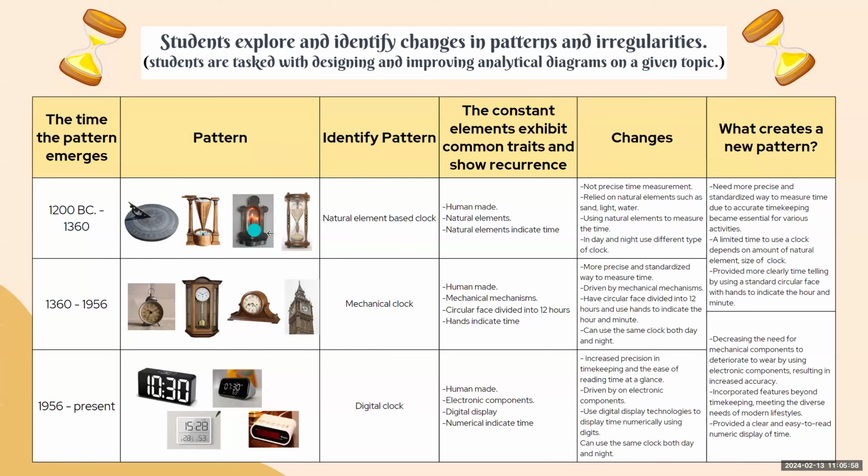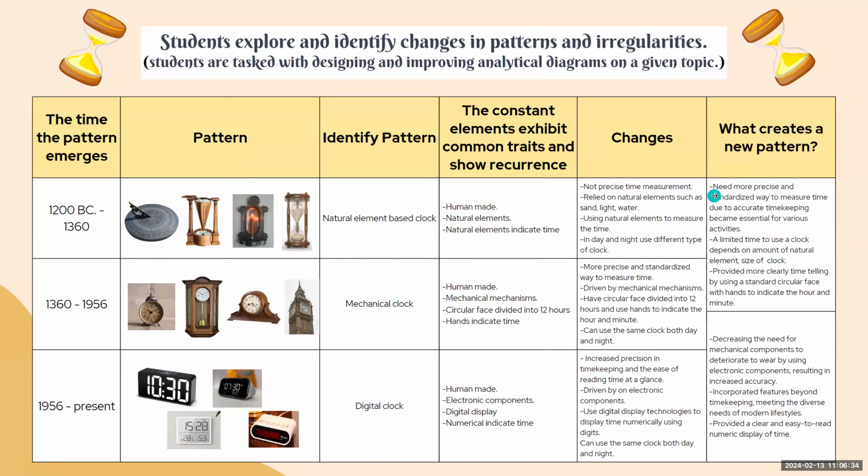I identify this pattern as natural element-based clock because this pattern relies on natural elements such as sand, light, water, like this sundial clock, this water clock, and the size of the clock is often large. But the problem of this pattern is it does not give precise time measurement, and in day and night, it must use a different type of clock.